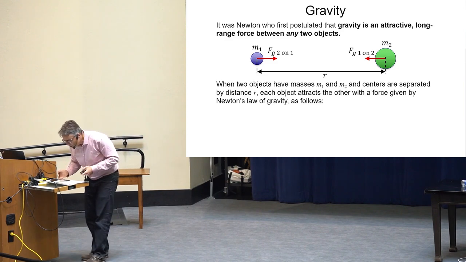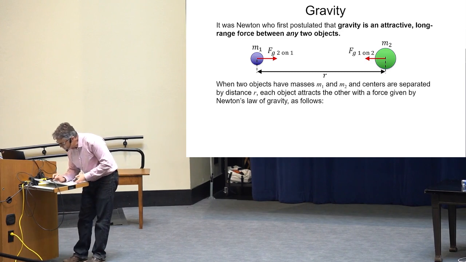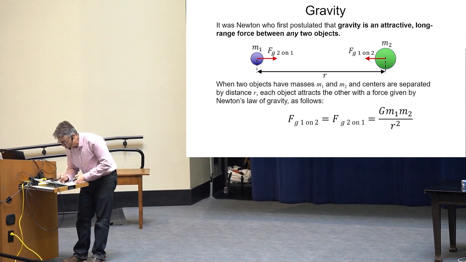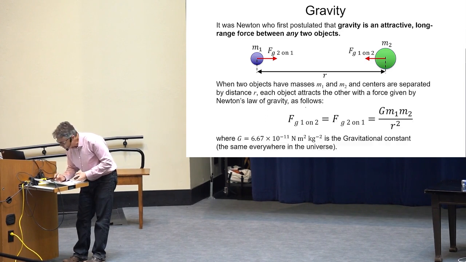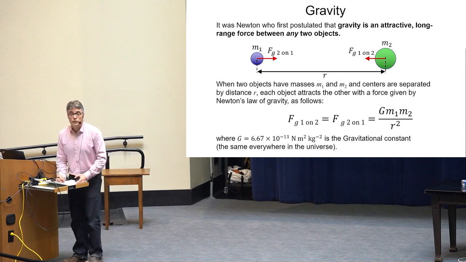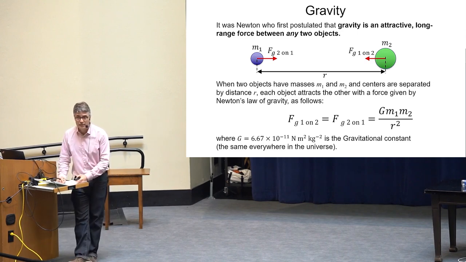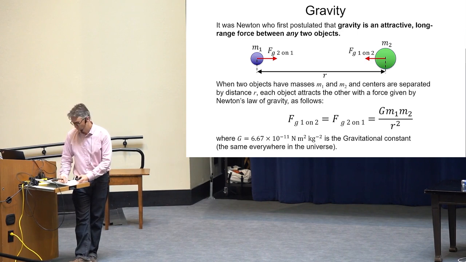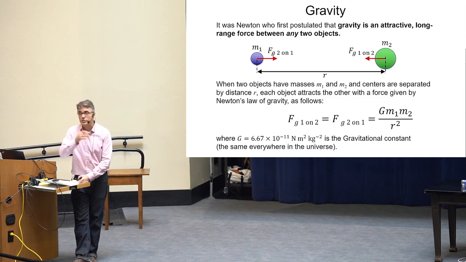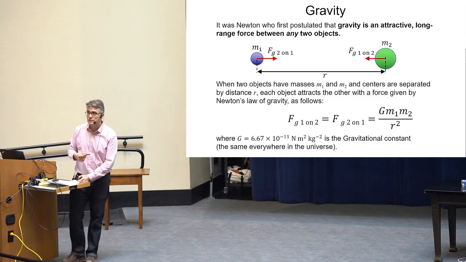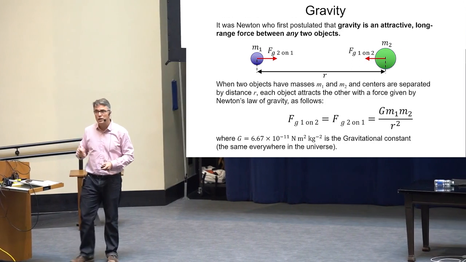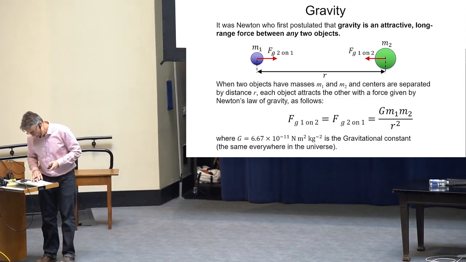When two objects have masses m1 and m2, and the centers are separated by a distance r, each object attracts the other with a force given by Newton's law of gravity, where capital G is a universal constant, 6.67 times 10 to the minus 11 newtons times meter squared per kilogram squared. It's an equal and opposite force on both because it's the same interaction. That's Newton's third law. The magnitude of this interaction force is given by G m1 m2 over r squared.